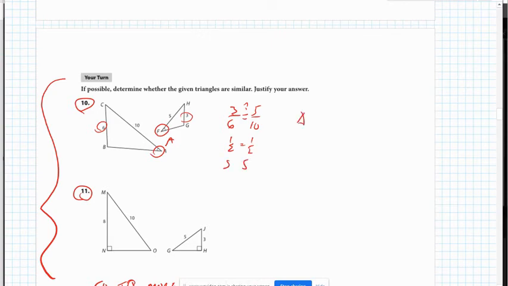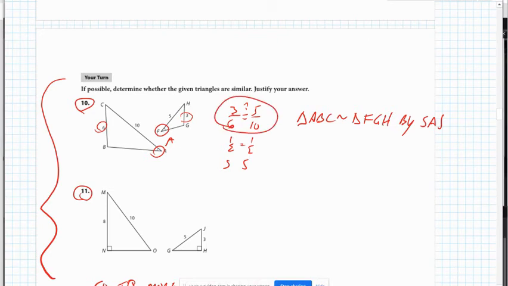So we can say triangle ABC is similar to triangle FGH by SAS. Okay, we've got 2 sides in the same proportion and a pair of matching angles that are in between them.